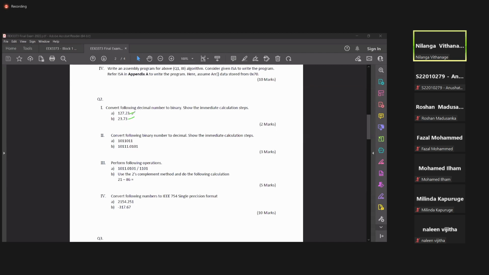Okay, so you can calculate both these questions using that method, and here you have to convert this binary number into a decimal number, right? Normally, there are steps. I think you can remember what the steps are. You separate the whole number part and the fractional part, then you divide the whole number by 2, and you take the fractional number and multiply by 2, and you get some answers.